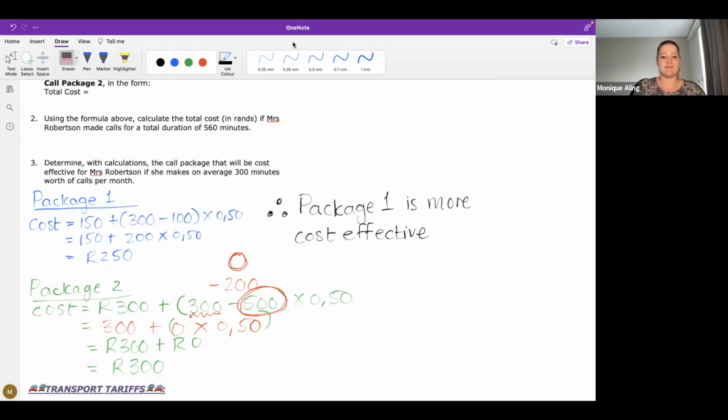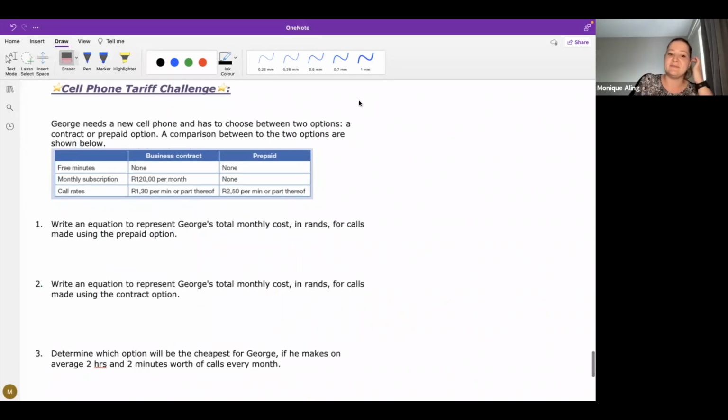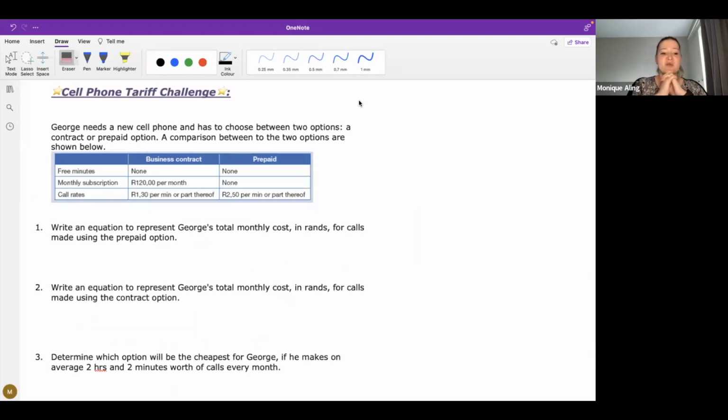Okay. All right, so it's unanimous. Everyone wants one more. So if you have a look at the screen, it's our little challenge question.